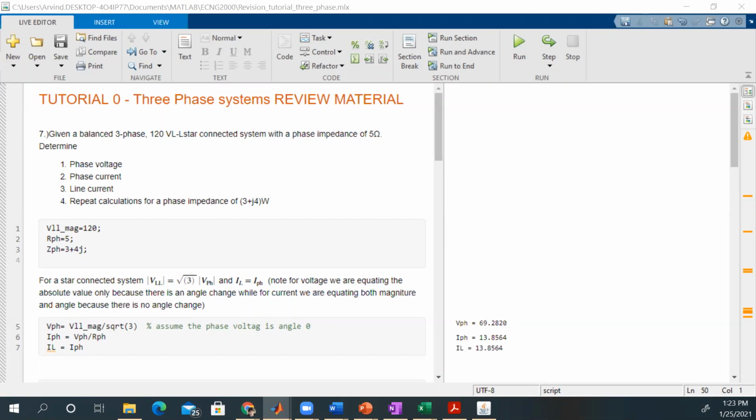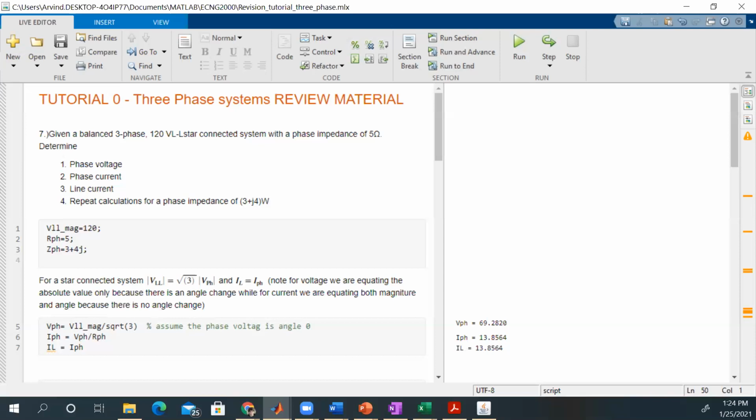All right, so we have a balanced three-phase 120 volt line to line. Now, normally, if you're just given a voltage, it would be the line to line voltage. The standard is to give the line to line, right? So if you just see something and it doesn't specify if it is voltage or current, it means the line to line voltage. Or if it doesn't specify the current, it is the line current that would be meant.